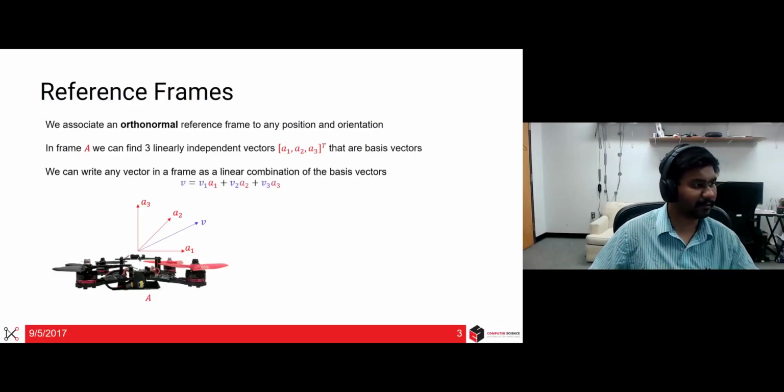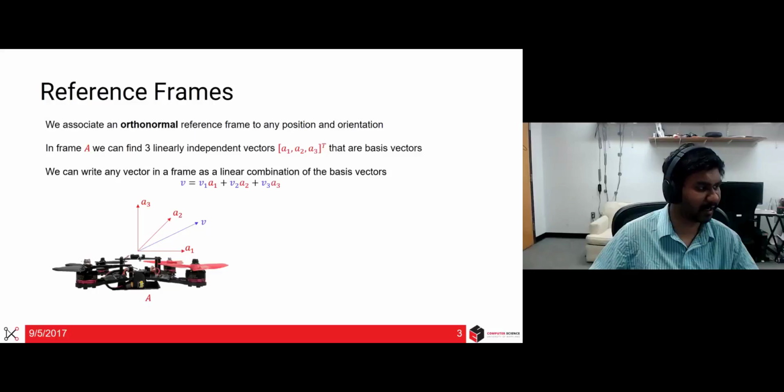More formally, V is V1A1 plus V2A2 plus V3A3, where V1, V2, and V3 are the components of the vector V. In mathematical terms, V1 is basically the vector component of V on the basis vector A1, and V2 on the basis vector A2, and V3 on the basis vector A3.